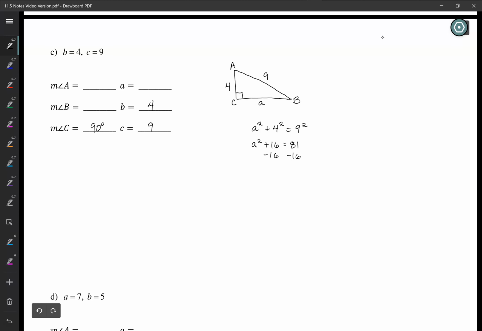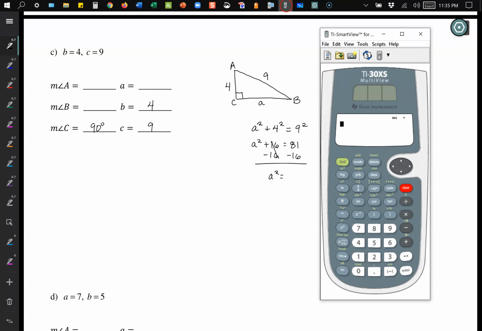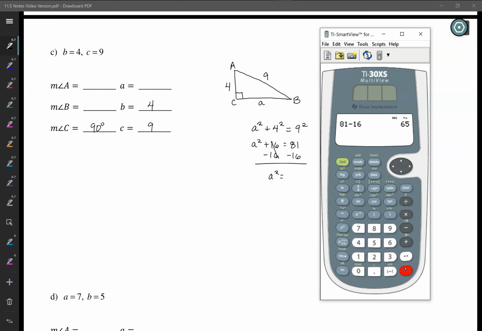Subtract 16 from both sides, and you get that a squared is 65, I believe. Yep. Take a square root. We'll get something just a little bit higher than 8. Helps if you get the decimal version. About 8.1.